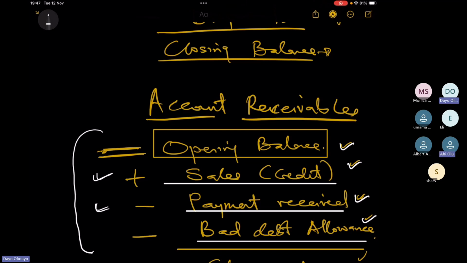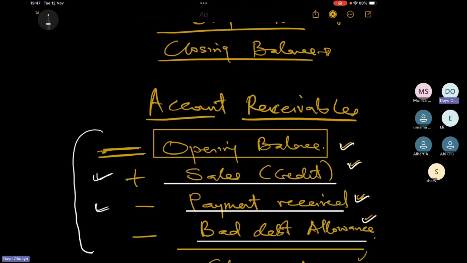So take for instance, if you are KPMG and you are auditing Apple, and Apple has sold some phones to their customers. You are auditing Apple's account receivable, and you want to check whether the receivable balance is correct.